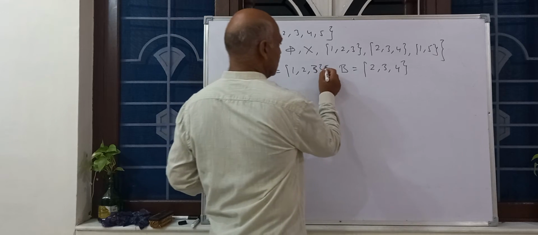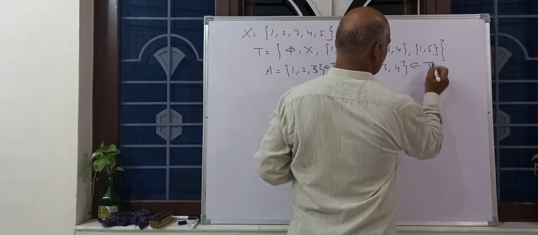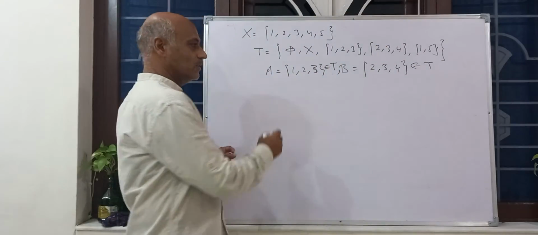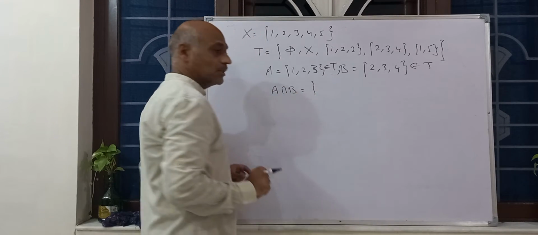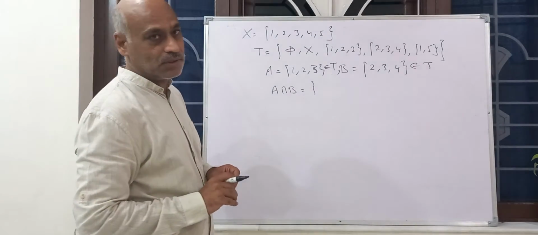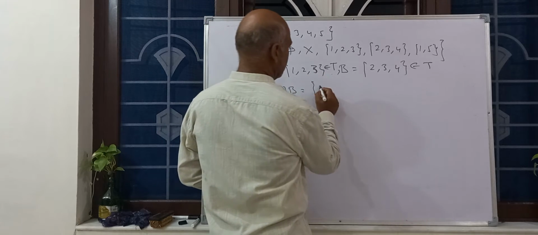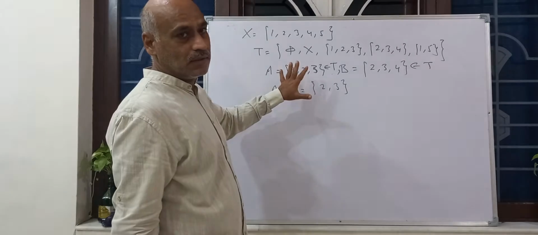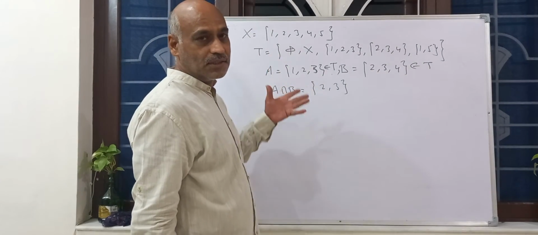A belongs to T, B belongs to T. Now we see A intersection B, which means the common elements in both A and B. What is common? 2, 3. So we will see whether {2, 3} is in T or not.